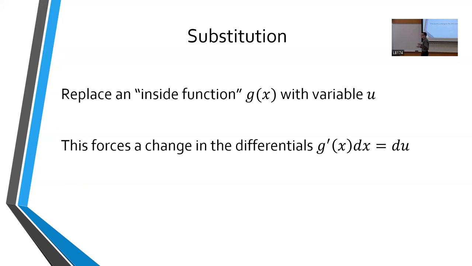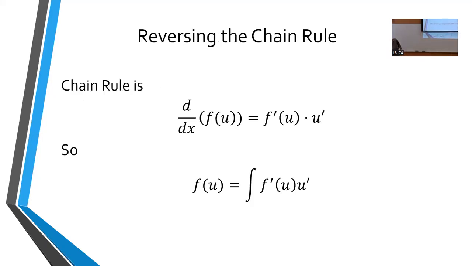But the trick with that u substitution is that when we change over from using x's to u's, when I had the chain rule, I had this extra times u prime here.